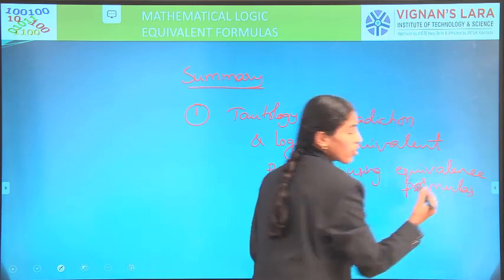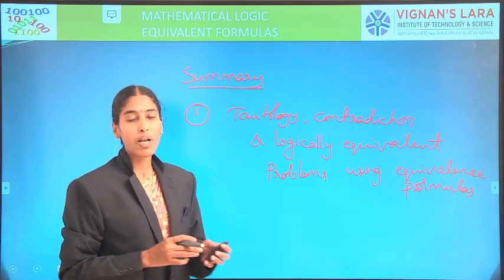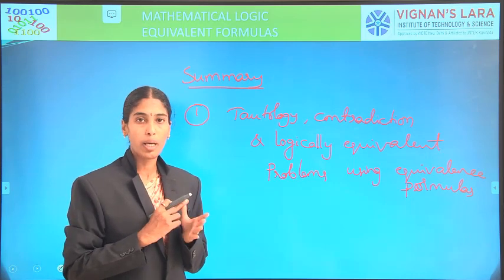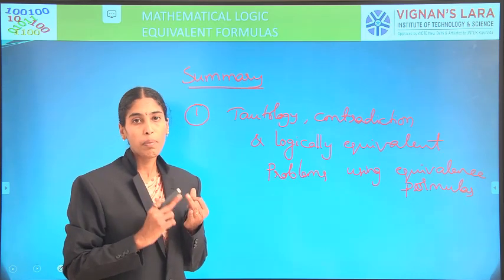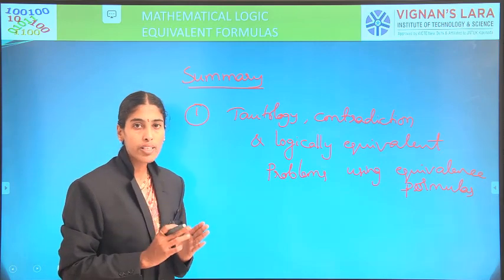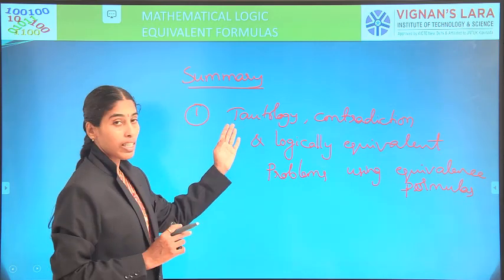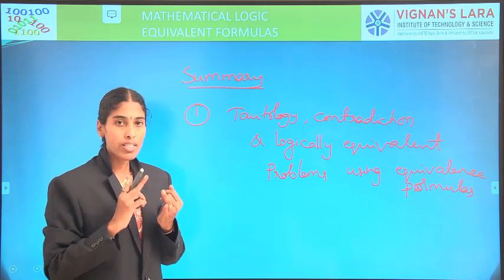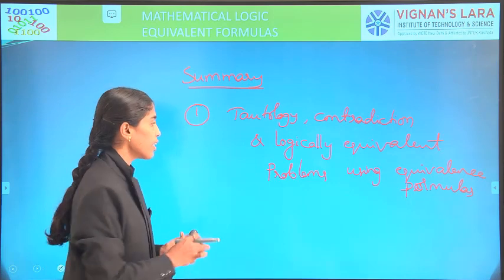So whenever we are using the equivalence formulas, we must know idempotent, distributive, associative, negation, double negation, implication, biconditional, commutative and associative. If we know all these formulas, then only we can convert the given entire expression into either tautology or contradiction or logically equivalent.